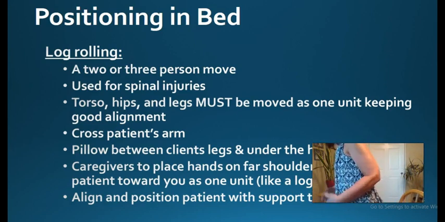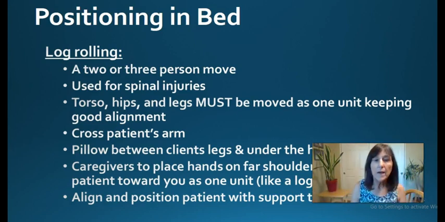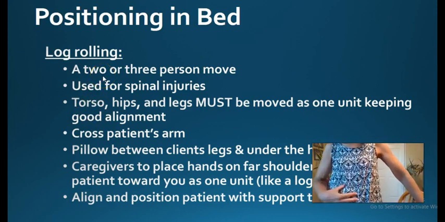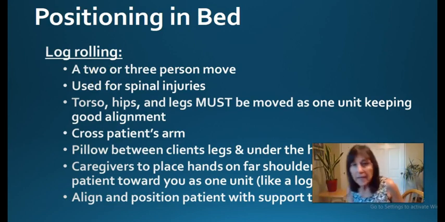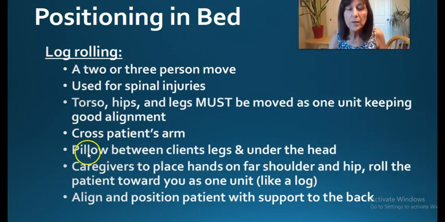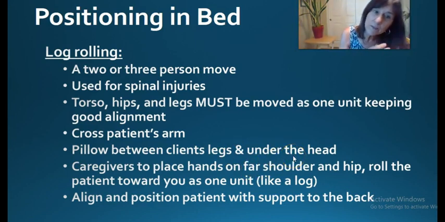So while someone's laying in bed, we use a draw sheet or a pull sheet underneath, but we make sure that the torso, the hips and the legs all are moved as one at the same time with nose over navel as we're moving them. Crossing the patient's arms is always a good way, but in this case we're going to put a pillow between the client's legs, and we'll keep one under the head, making sure when they turn they'll still be on it.